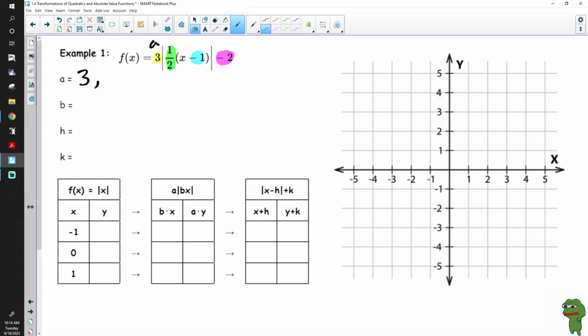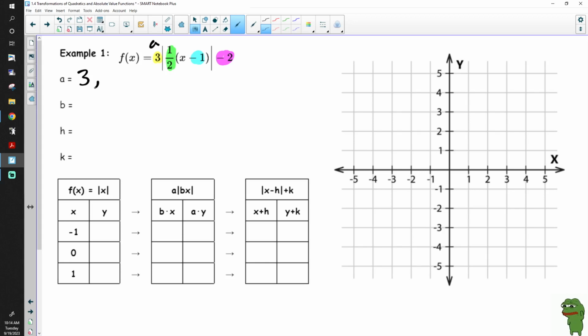So when you look at A, is A greater than 1? Yes, so it'd be vertical stretching. So you just write that next to it. When you're looking at your table, here's what it says in A. If A is greater than 1, it vertically stretches. If A is between 0 and 1, it would compress.